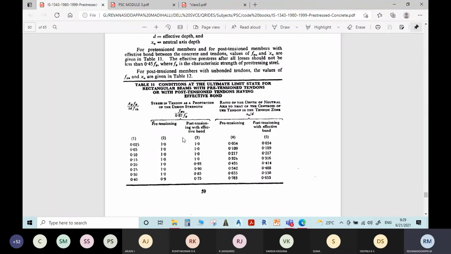Sorry, it is a post-tension beam, right? Yes, post-tension beam. So you refer to this column. For XU by D for post-tensioning, here we have the values 0.109 and 0.217.